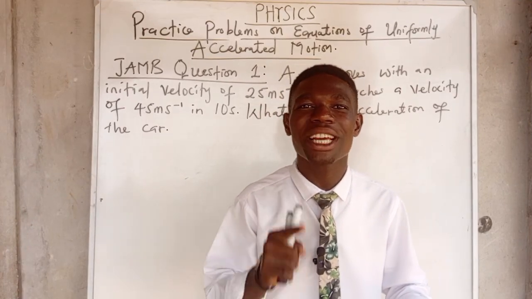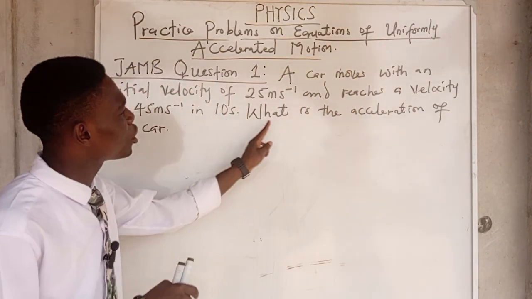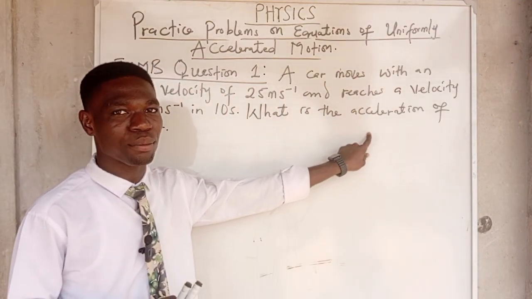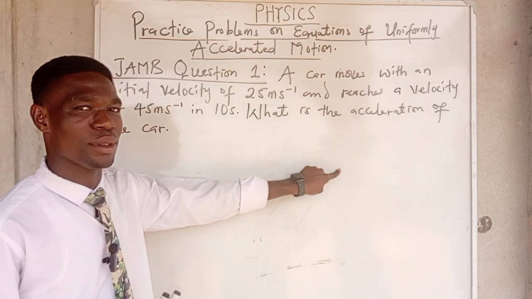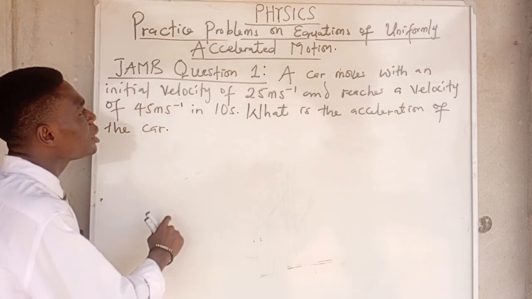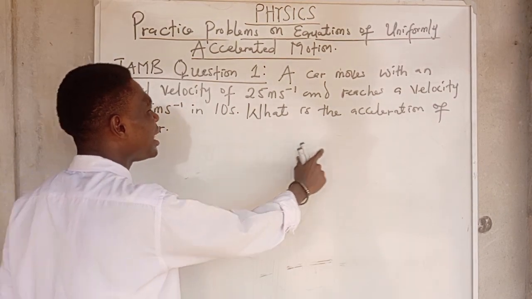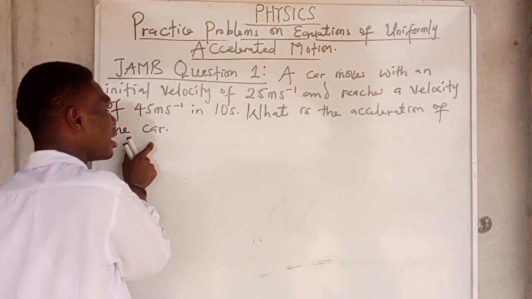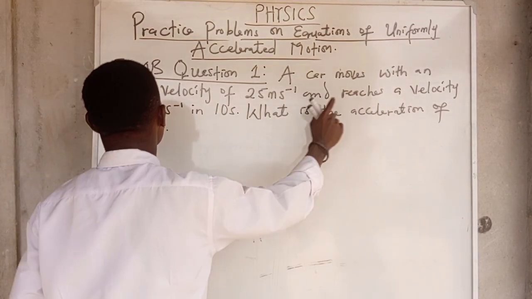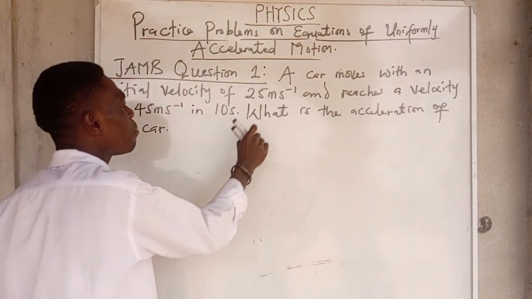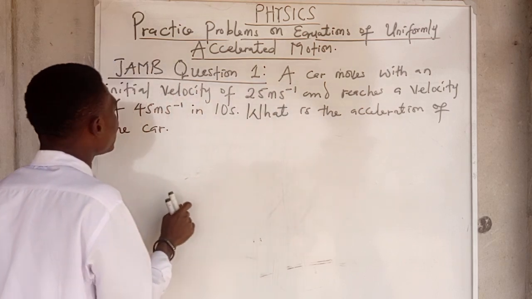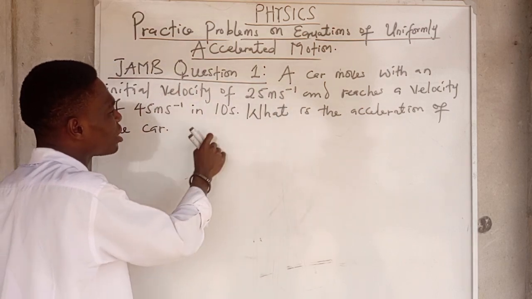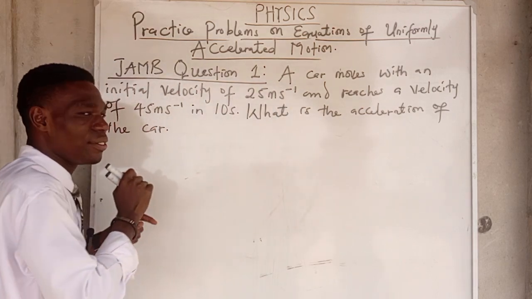Let's say you came across this question in your JAMB or in any examination, and you are asked to calculate the acceleration of a car, given that the car moves with an initial velocity of 25 meters per second and reaches a velocity of 45 meters per second in 10 seconds. It is very simple.